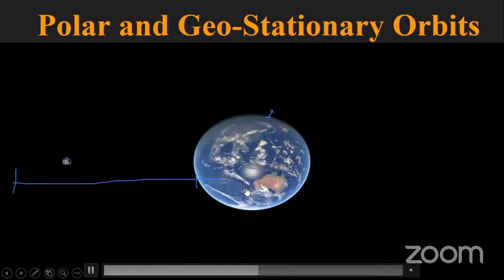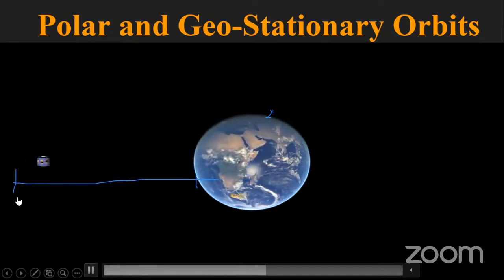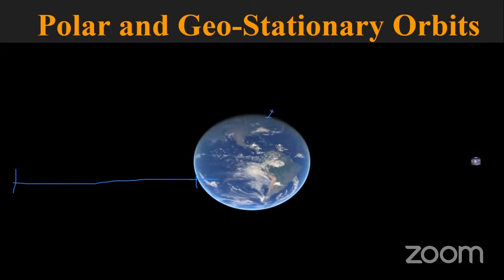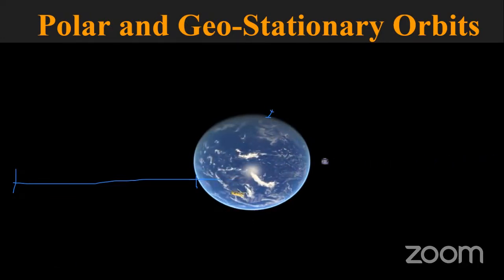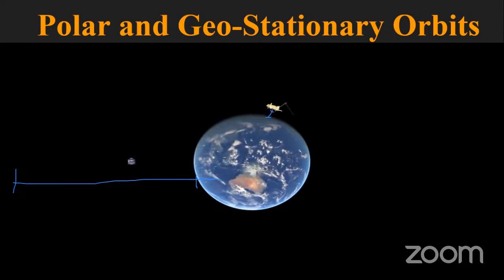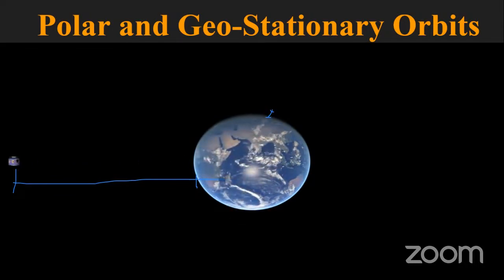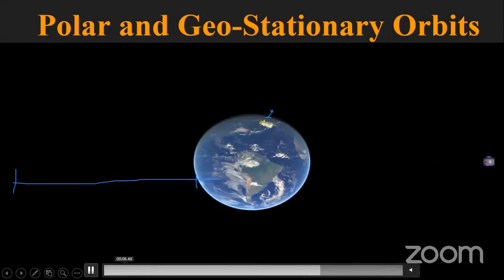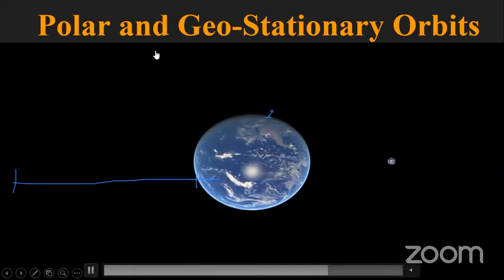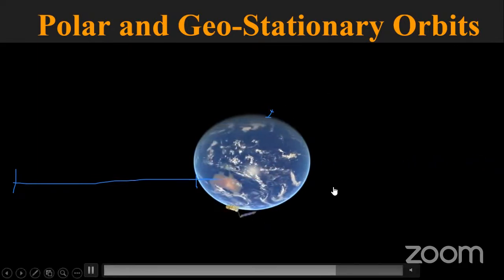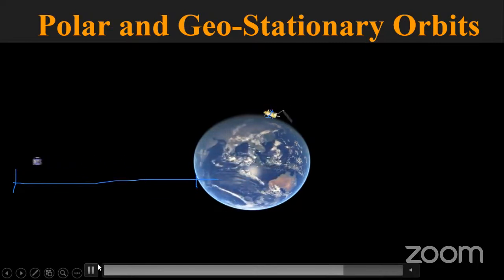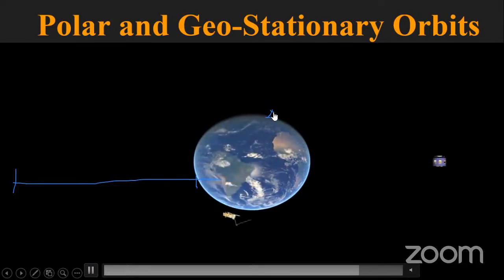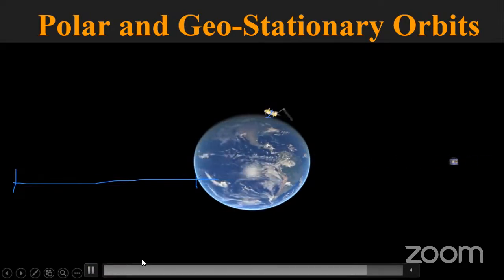So this is your polar synchronous and this is your geosynchronous satellite. I hope with the animation you have got a good idea about how the polar synchronous satellite revolves, and what a geosynchronous satellite is. You just pay attention to this. We are going to discuss the speed and the distance.